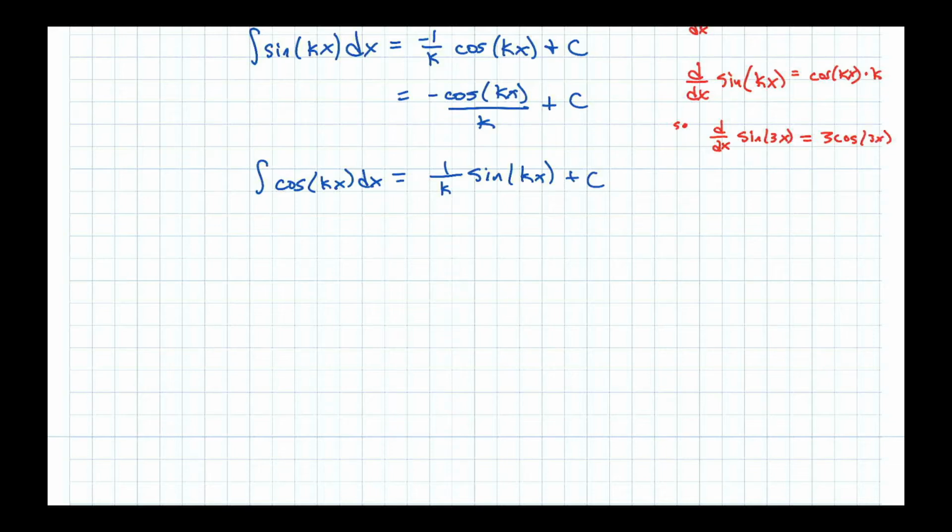No negative on that one. Sine and cosine were the easy ones. You should remember that the derivative of tangent is secant squared. So that means that the antiderivative of secant squared kx is the tangent, but with this 1 over k.